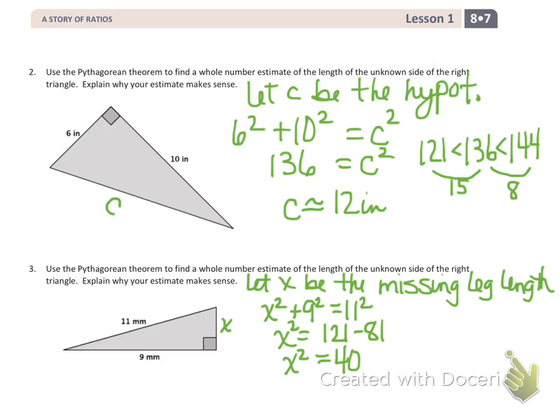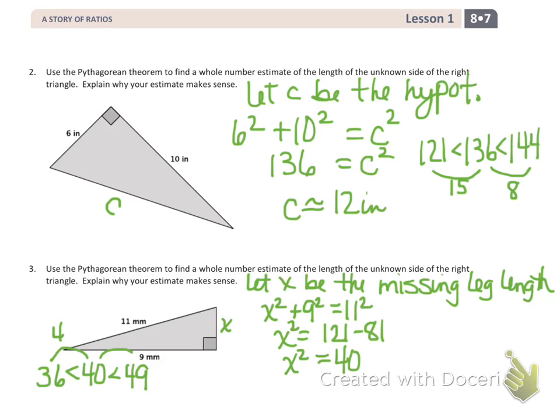So we've got to find what perfect square it's closest to. And I'm going to say 36 is probably the closest. 40's bigger than 36, and the next closest one would be 7 times 7, which is 49. So it's between 6 times 6 and 7 times 7. So closer to 36, it's only 4 off this way, and it's 9 off right here.